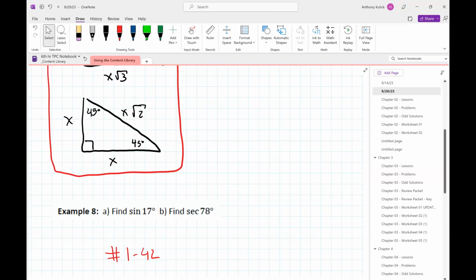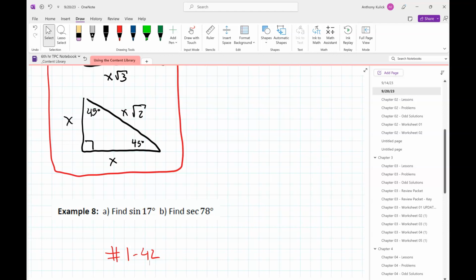There's a set of problems that are just finding the arc length, or finding the radius from the arc length, or the central angle from the arc length. Not a problem, quickie, like 15-second problems or something. There's some trickier stuff in here, but for the most part, I think it's pretty okay.